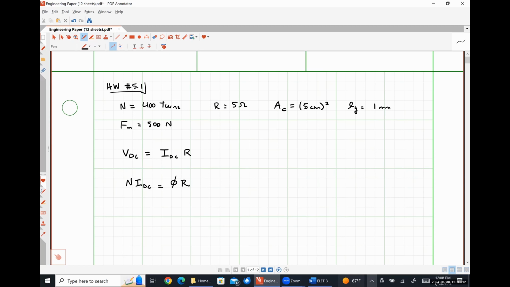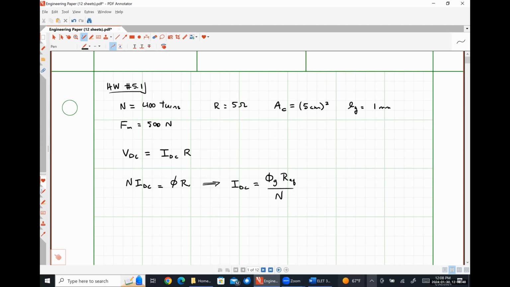Rearranging this, the current flowing through our coil is the flux, which I'm going to call phi_G because we're only going to deal with air gap quantities since we are told the reluctance of the core doesn't matter, times our equivalent reluctance, which is also only going to depend on the air gaps, divided by our number of turns.